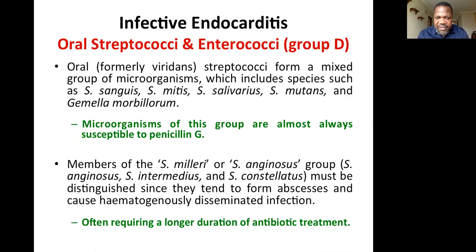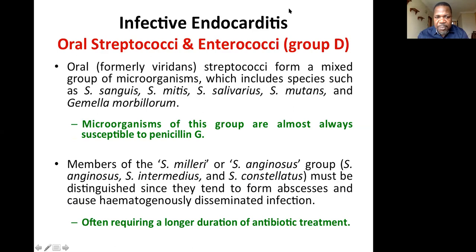But there is another subset of oral streptococci that we call the milleri group, or Streptococcus anginosus group. They involve Streptococcus anginosus, intermedius, and Streptococcus constellatus. Those should be distinguished from the first group because they are mainly involved in causing deep-seated abscesses that will then disseminate hematogenously, and it might also lead to infective endocarditis.